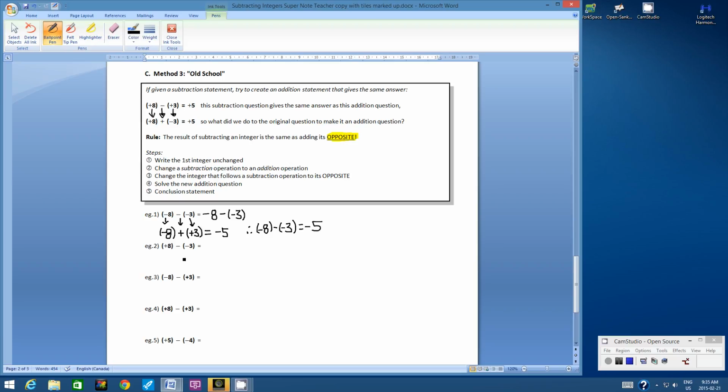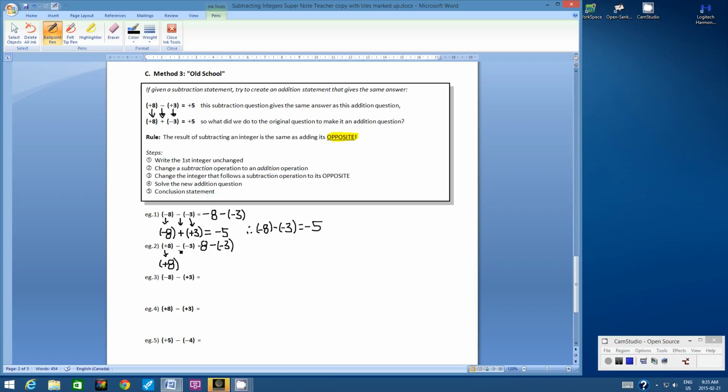Okay, let's go on to Example 2. Let's rewrite this in standard form. All right, so we get 8 subtract negative 3. Step 1, write the first integer unchanged.